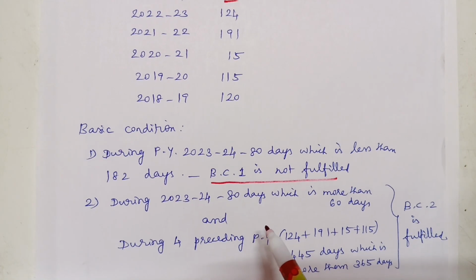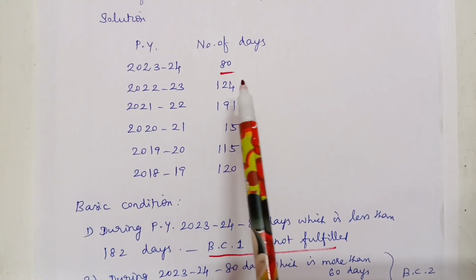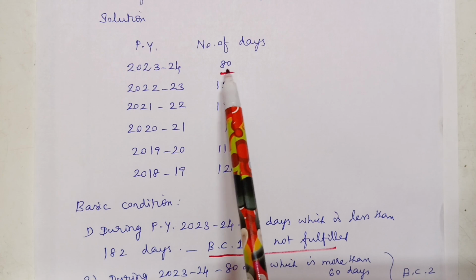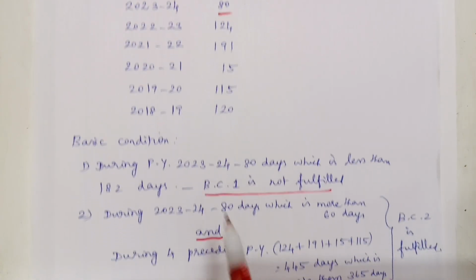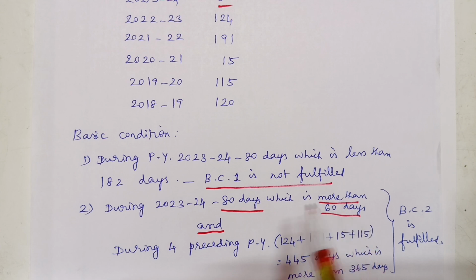Basic condition 2 is during the previous year, the assessee should have stayed in India for at least 60 days, and during the 4 years immediately preceding the previous year, the assessee should have stayed in India for at least 365 days. During the previous year, the assessee has stayed 80 days, which is more than 60 days.